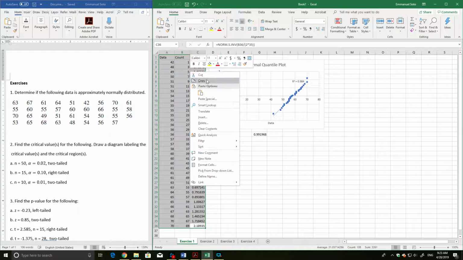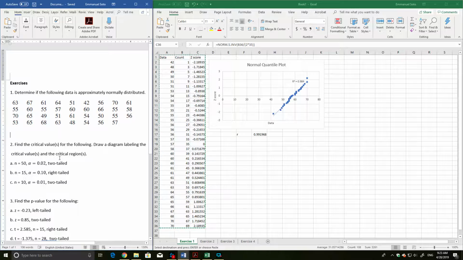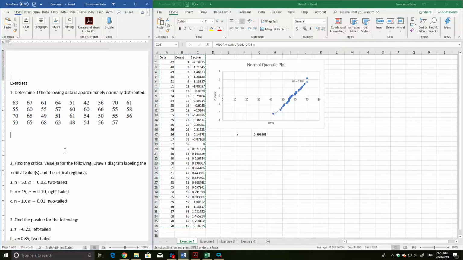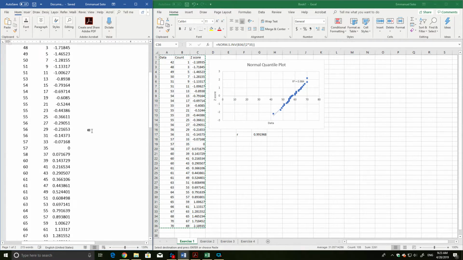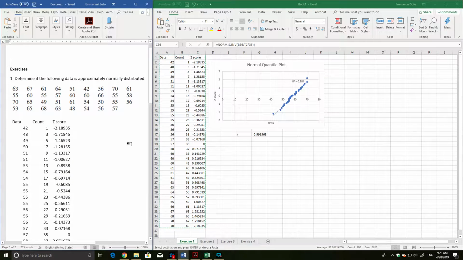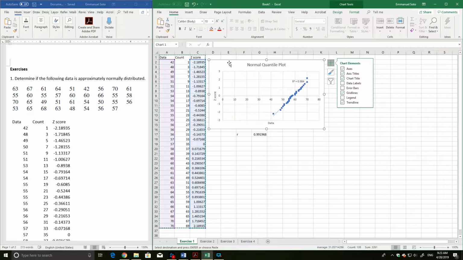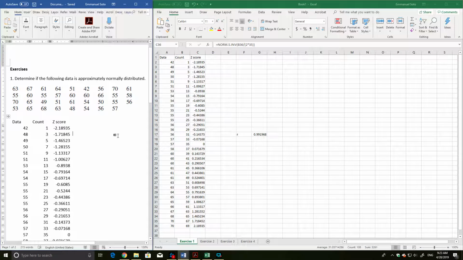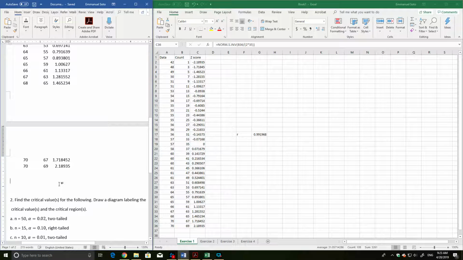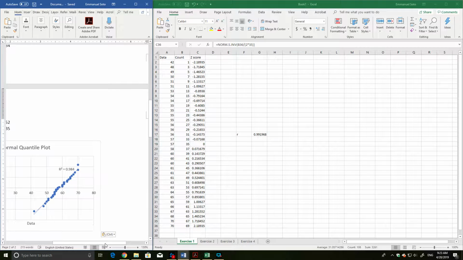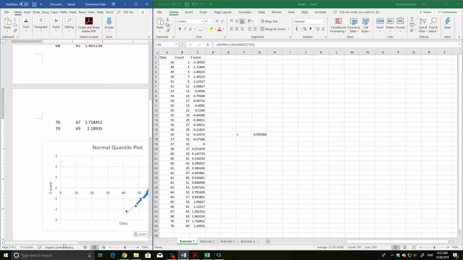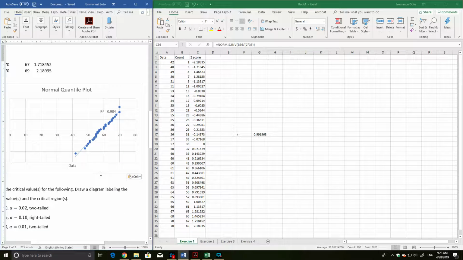You can right click and copy if you like, or Control X, whichever the case may be, and then you can paste the data and the graph as well. However way you like to do it, it's fine as long as all the results are there.